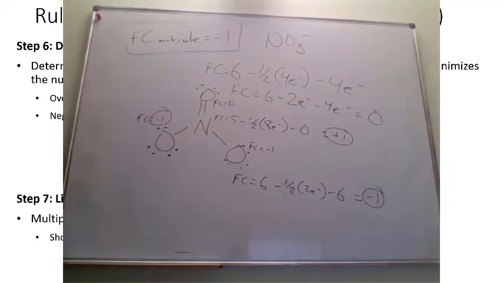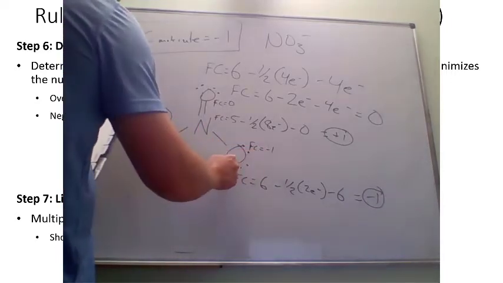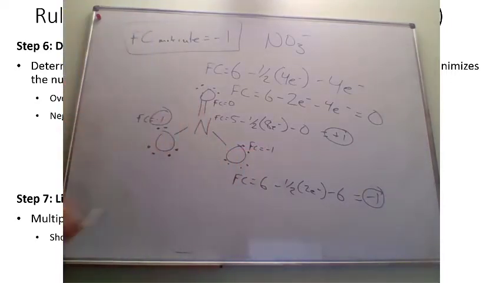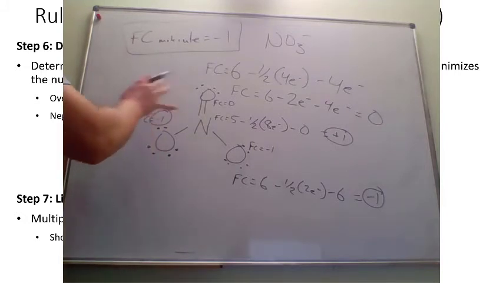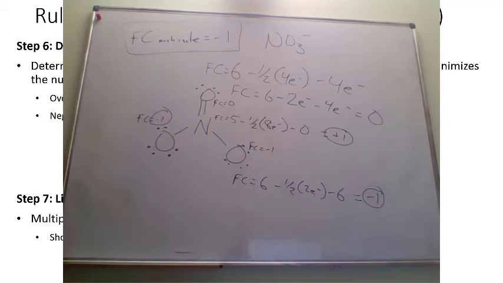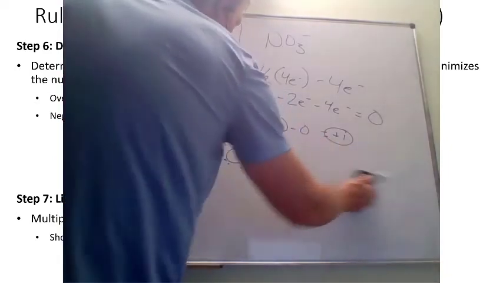So this all checks out. And so we see our negative formal charge is on our more electronegative atoms. Our positive formal charge is on our more positive atom. And if there's any other way to rearrange this atom in order to minimize the formal charge, that would be a more favorable conformation. Okay, but this is the best way to organize.